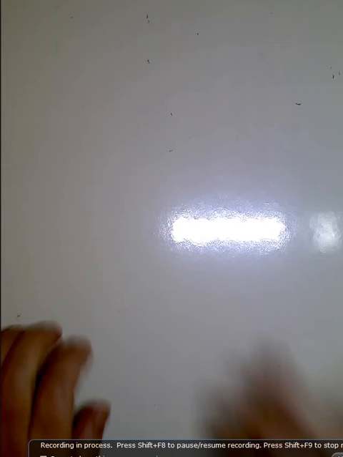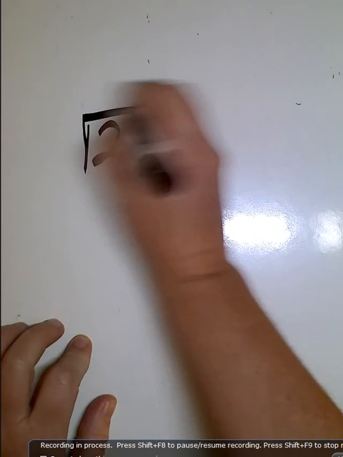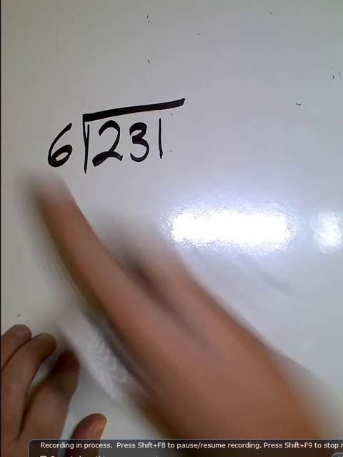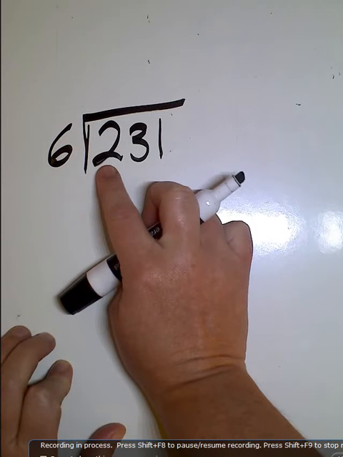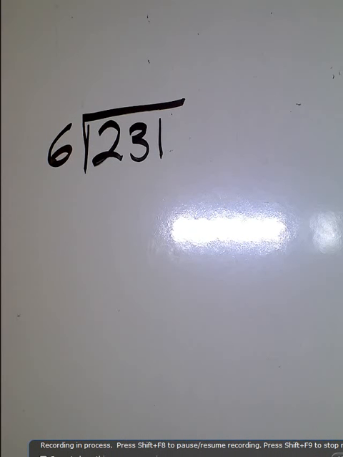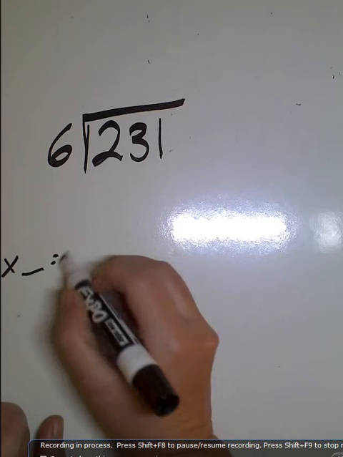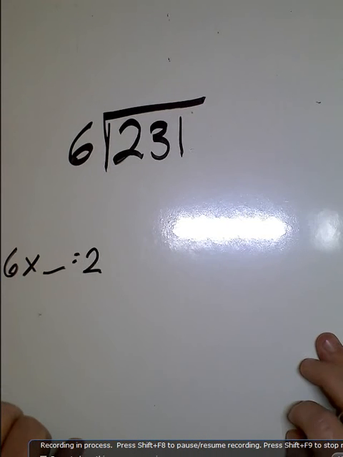On your homework, number 1 is 231 divided by 6. Now, with that said, since there's a 1 digit in my divisor, I'm going to take 1 digit at a time in my dividend, and I'm going to turn it into a multiplication question. So I'm going to ask myself a question such as 6 times what equals 2, since that's the first digit in my dividend.